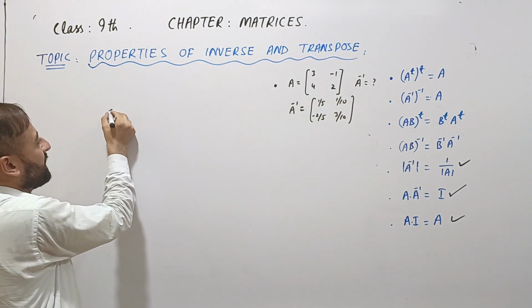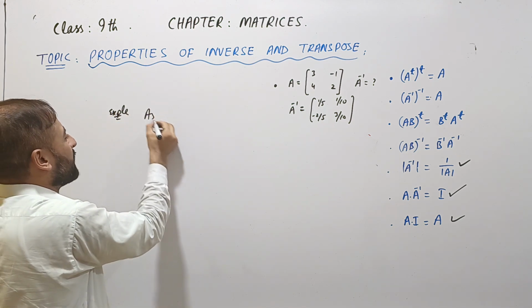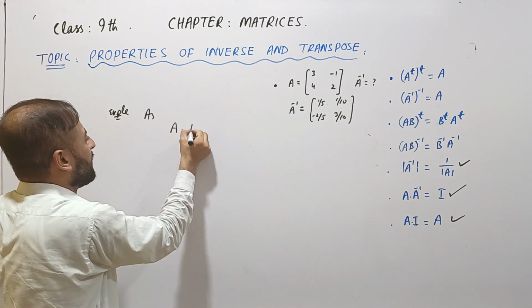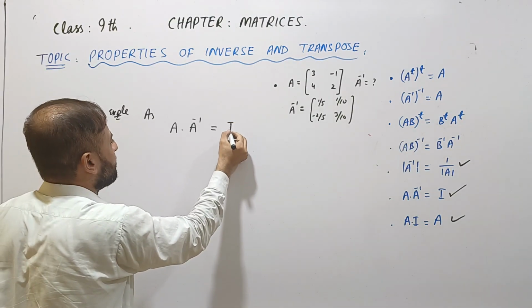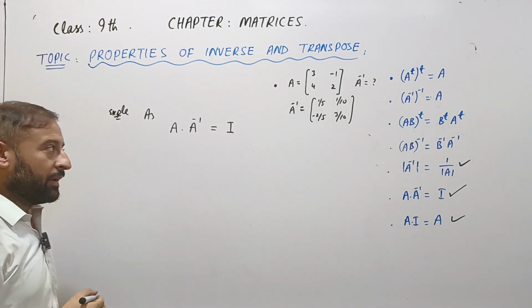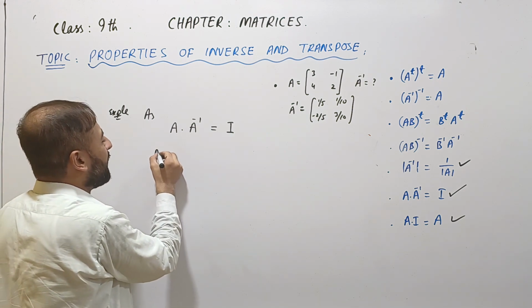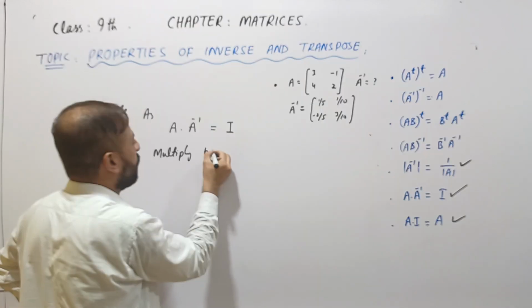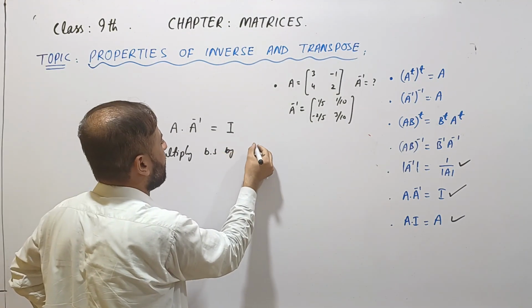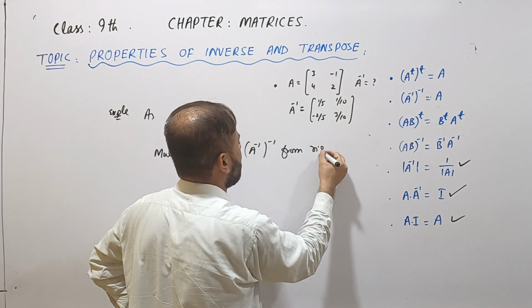My students, for example, as we know, there is no confusion, A multiplied by A inverse is equal to identity. Right, students? What if I say multiply both sides by A inverse, whole inverse, from right?